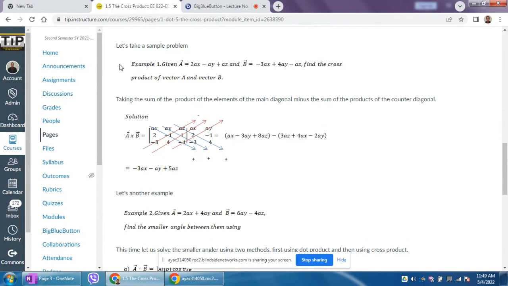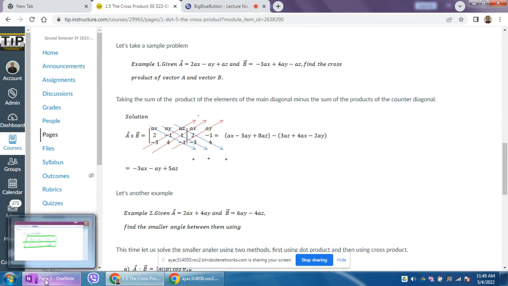So let's have this one. Example number 1. Given two vectors, A and B, find the cross product of vectors A and B. So, ilatag lang po natin. Water lang po for a while.